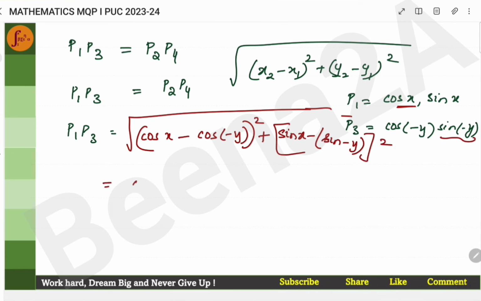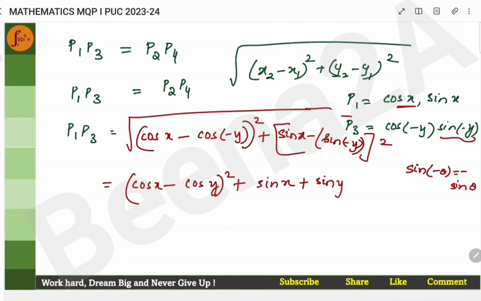So this is nothing but cos x, cos of minus y is cos y itself, the whole square, plus sin x, sine of minus y is minus sin y. Sine of minus theta is equal to minus sine theta. So if I bring minus outside, minus and minus will become plus. So I'll get sine y, the whole square.